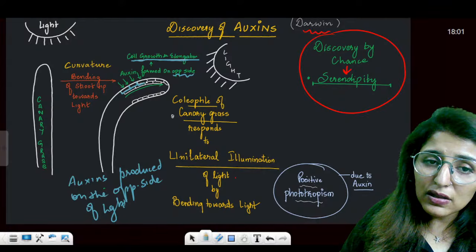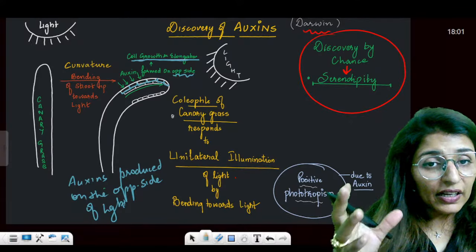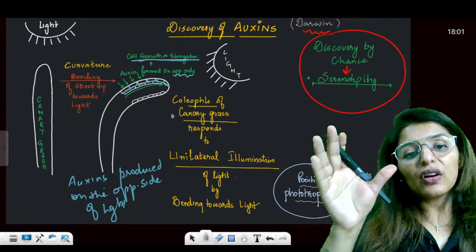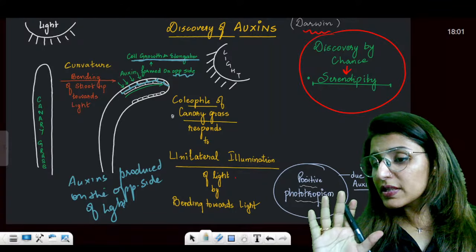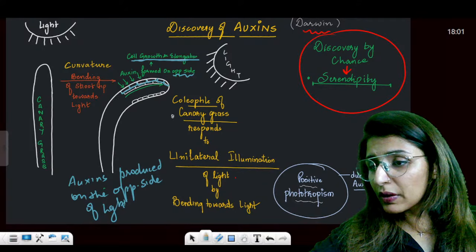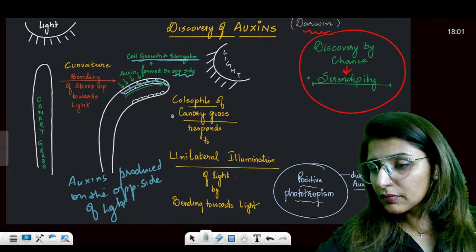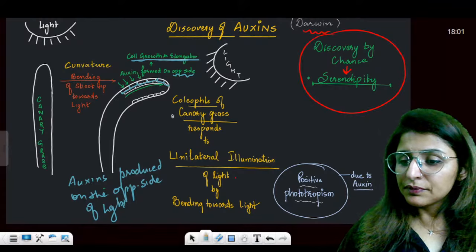The cells on the opposite side of light grow and elongate, and this results in bending of the stem towards the light. Are these points clear to everyone? Please let me know. There is no lag from my end.